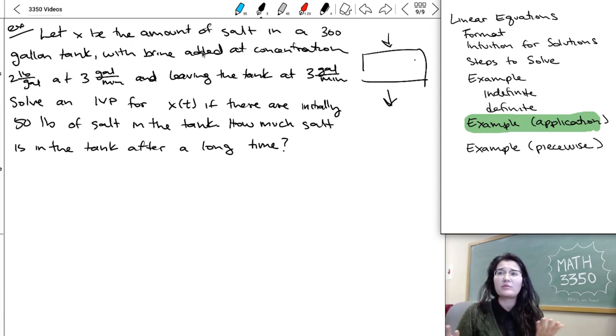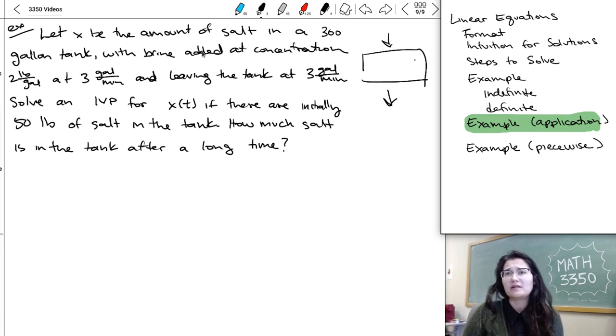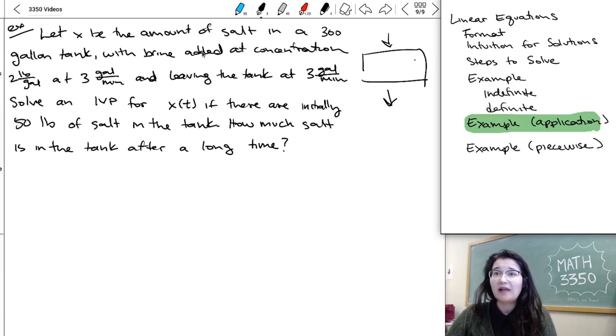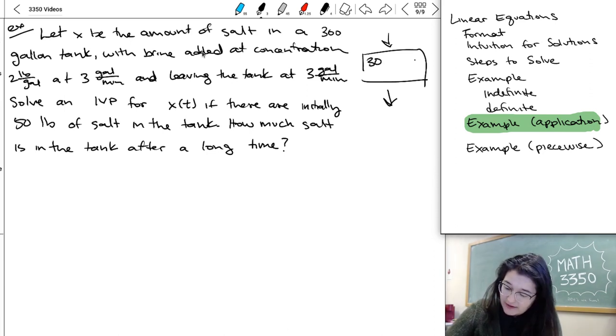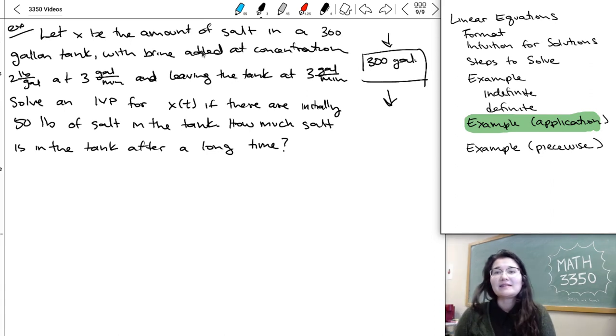And I'm going to read through the problem and fill in this diagram as we try to figure out what this problem is about. So we're supposed to let X be the amount of salt in a 300-gallon tank. So I'm going to call this my 300-gallon tank. And inside that tank is brine that's added at concentration 2 pounds per gallon at 3 gallons per minute.